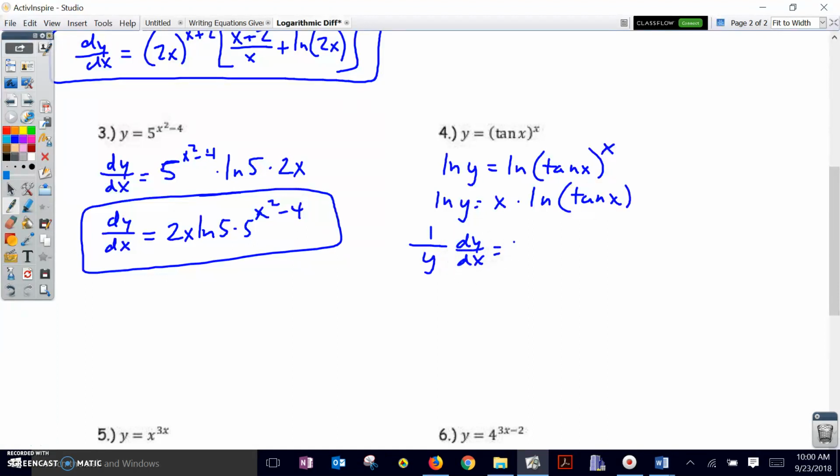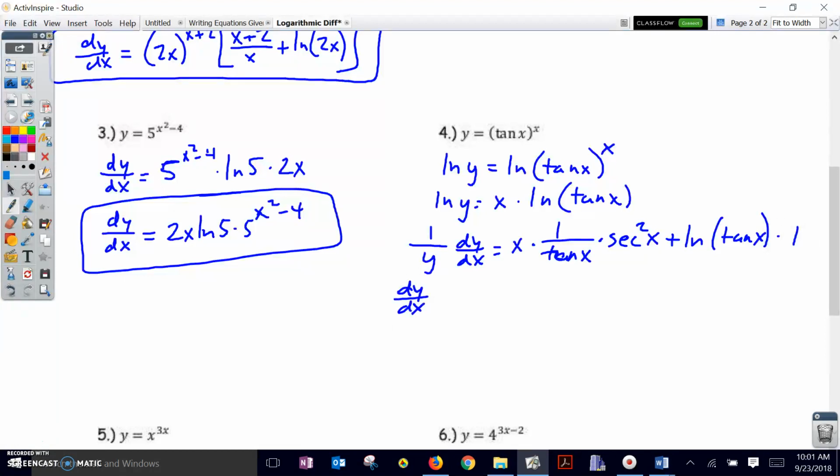And then the product rule: x times the derivative of the natural log of the tangent, which is 1 over tangent, times the derivative of tangent, which is secant squared, plus the natural log of the tangent, times the derivative of x, which is 1.